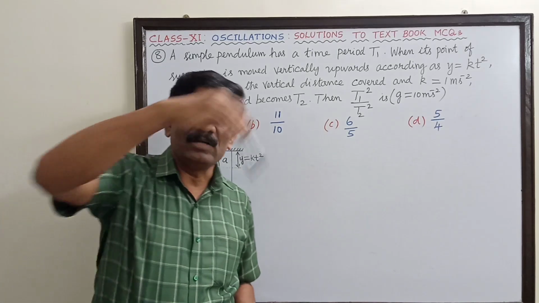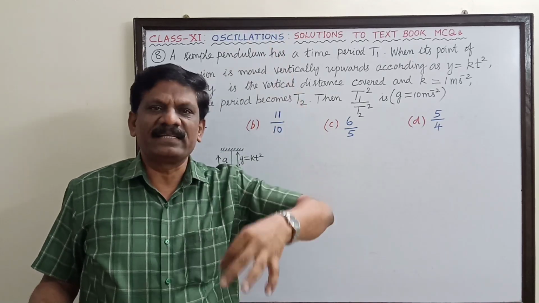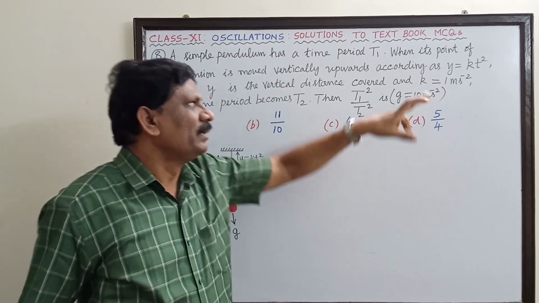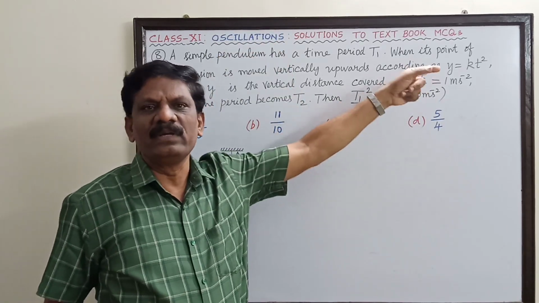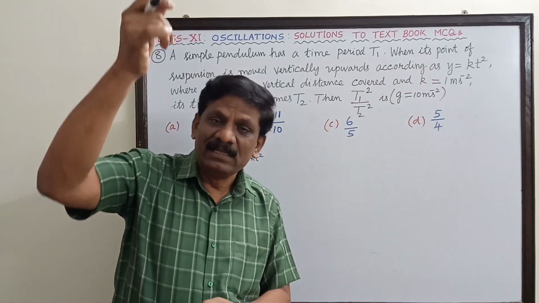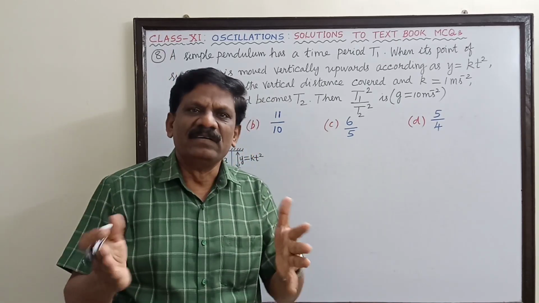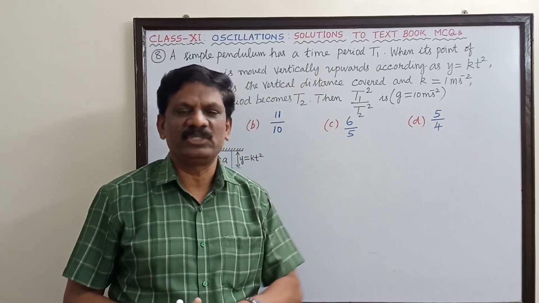Now while it is oscillating, it is accelerated upwards as per this equation y equal to kt square. It is similar to suspending a simple pendulum at the ceiling of a lift which is moving upwards with an acceleration.